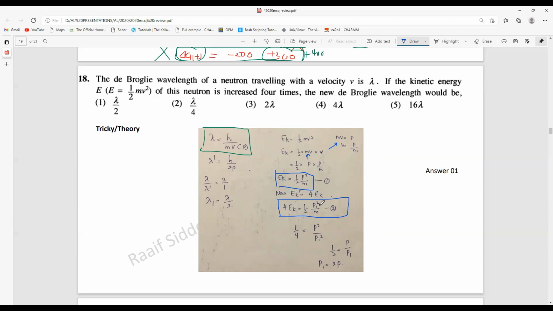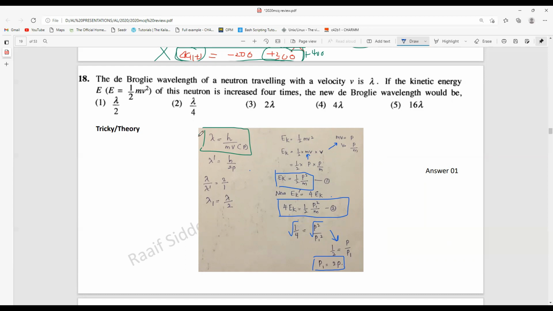If you change the velocity or the kinetic energy, there will be a different momentum now. If I divide this by 2 and write my new momentum in terms of p, my new momentum is 2p. So try to remember this. What I did is divide this and take the root, and I write p1 in terms of 2p.